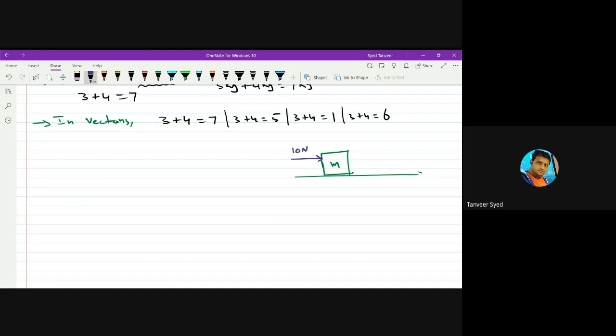Newton is a unit of measuring force. That's how you measure distance in meters, time in seconds. Force is measured in a unit called Newton. A 10 Newton force is acting like this, and another 5 Newton force is acting like this. The resultant force acting on this is 15 Newton.